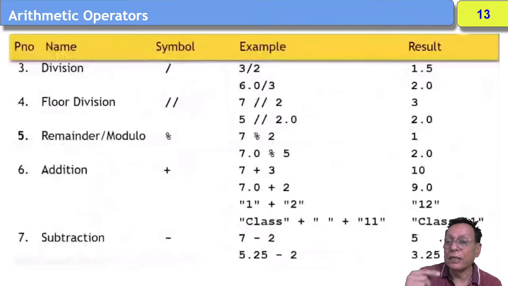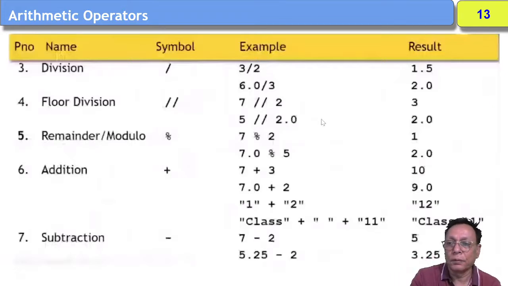But since there is a float value, the point value will appear in the output. So if you divide 5 by 2.0, it should give 2.5, but since we have to avoid the fractional part, instead of 2.5 it will give you 2.0 only.